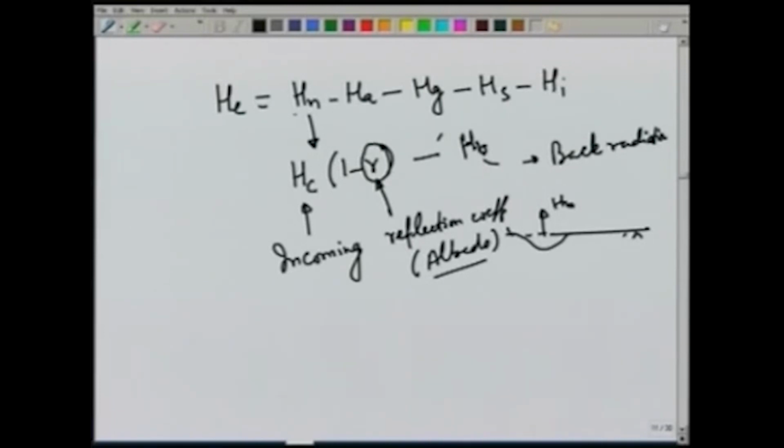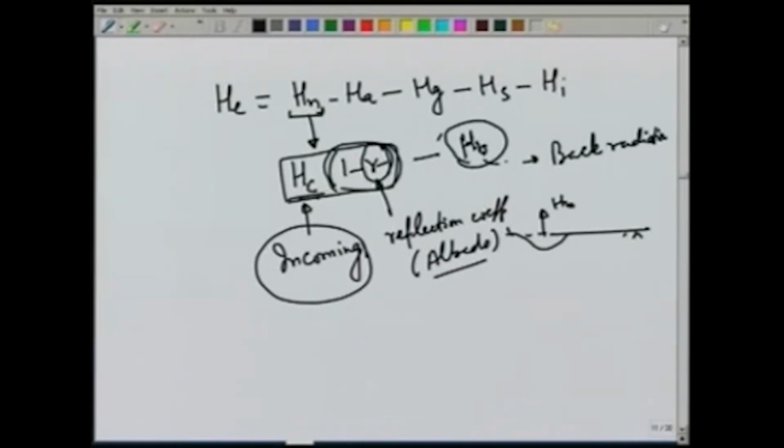So the net heat coming in or received by the water body can be written as incoming solar radiation, which we can obtain, times 1 minus R. So this is the amount reflected, that means this is the amount which is absorbed, Hc(1 minus R), and out of that Hb is again radiated back. So this net heat inflow Hn is obtained as Hc(1 minus R) minus Hb. So this we can obtain.